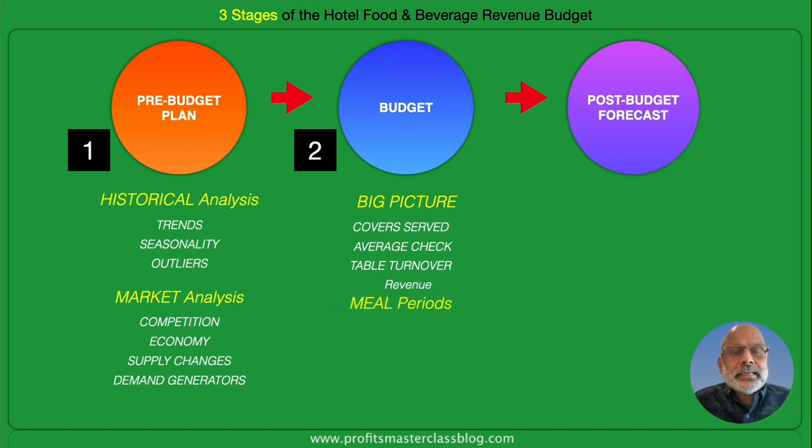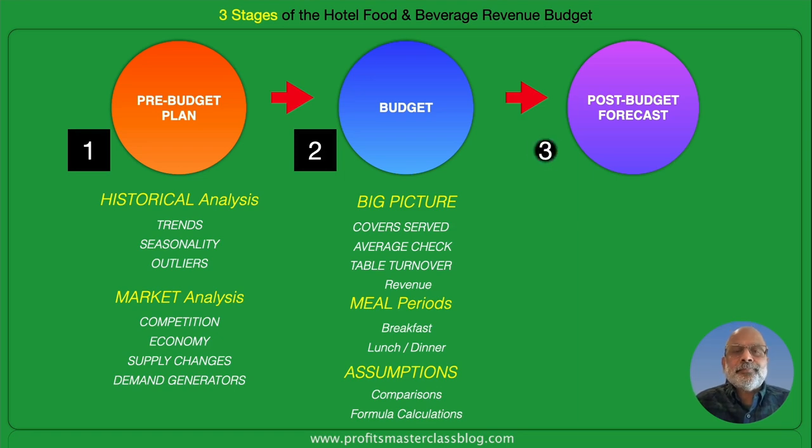And then we have an important element of the revenue generation, meal periods. And we'll be covering 3 major ones: breakfast and lunch and dinner. Then comes the important assumptions on the basis of which the budget is laid out. And that would cover comparisons and actual formula calculations of the key performance indicators.